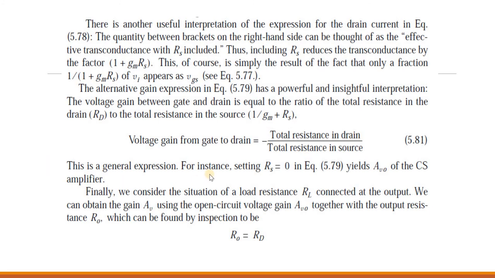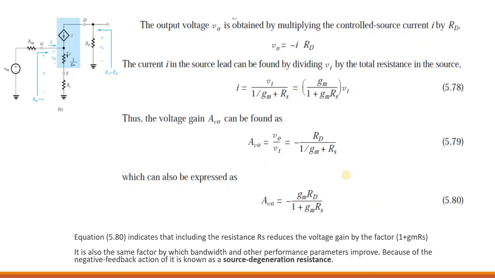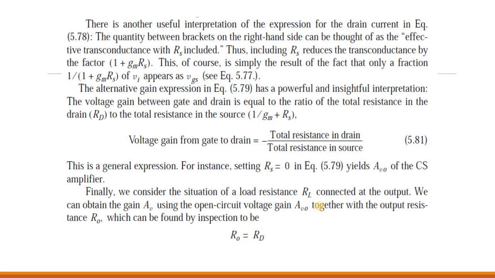This is a general expression. For instance, setting Rs equal to 0, this equation yields minus Gm into RD, which is nothing but the common source amplifier without source resistance Rs.